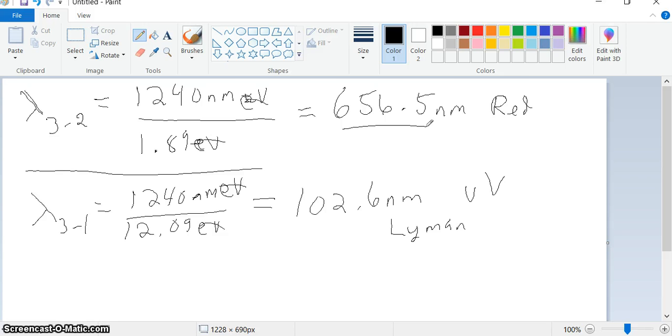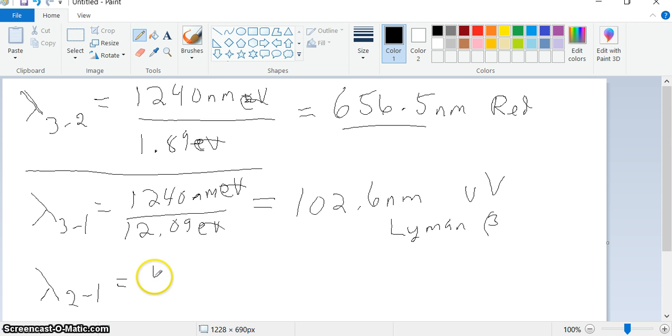Anyhow, this is the Lyman beta photon. That's just what it's called. So let's go lambda 2 to 1. This is the transition from 2 to 1, and we already have what the energy is for that. It's 10.2.